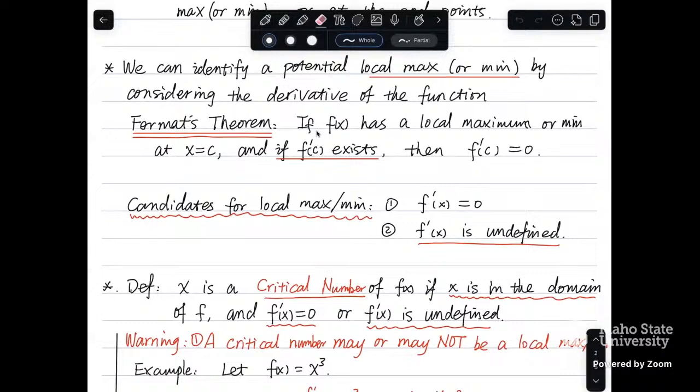Those candidates are what we call the critical numbers. So the critical numbers are where the derivative equals zero or the derivative is undefined, like if you have a sharp corner, right? In that case, the derivative is undefined, but you will still get a local maximum or local minimum. Okay.